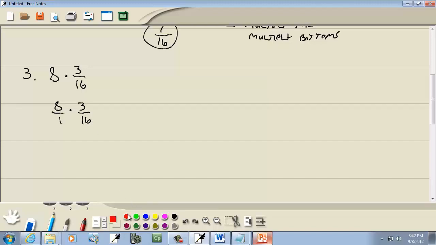And now we'll go through our steps. We'll simplify. I notice 8 and 16 are both divisible by 8. 8 divided by 8 is 1. 16 divided by 8 is 2. So we have 1 over 1 times 3 over 2. Now there's nothing else to simplify, so I'll multiply the top parts together. 1 times 3 is 3, and the bottom parts, 1 times 2 is 2. So our answer is 3/2.